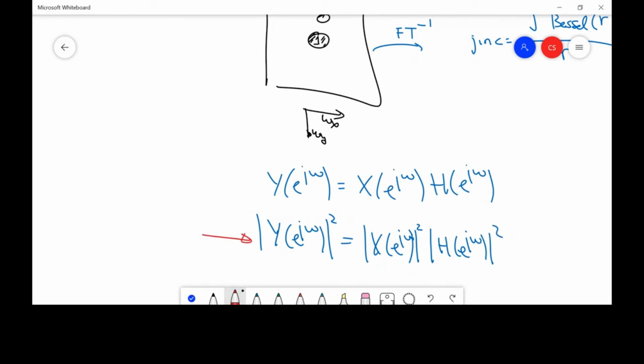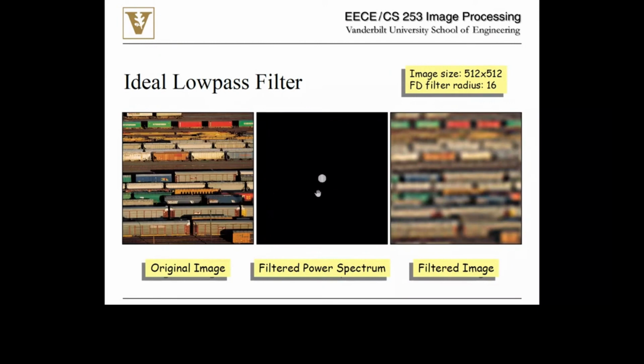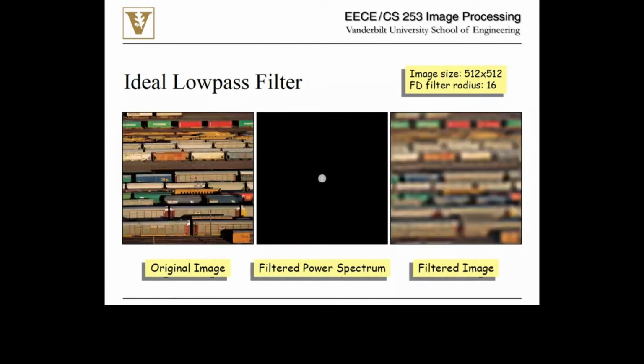And remind that typically, instead of this one, what we see is the logarithm of that. Okay, so this is the filter power spectrum, and this is the filter image. So this is in module squared, this is just the image. And here you can have the comparison, so you can see how it changes.